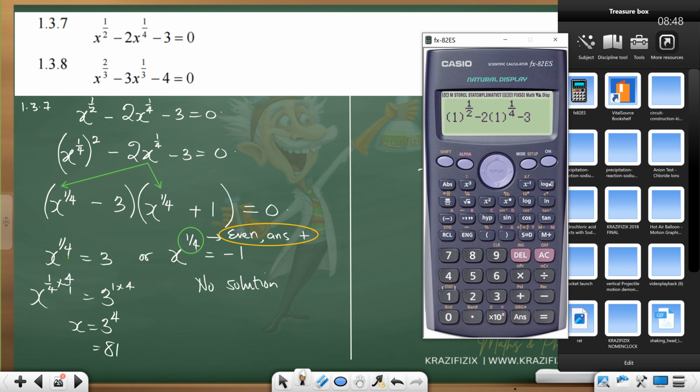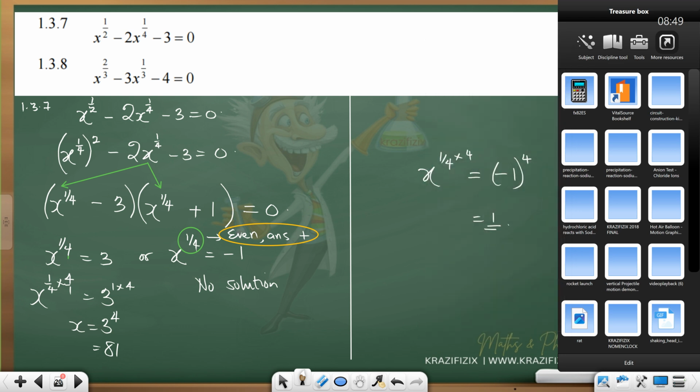If I put a bracket, it doesn't matter. Do you see that it's not 0? Very, very important: when you have an even exponent, your answer must be a positive. So that is no solution.